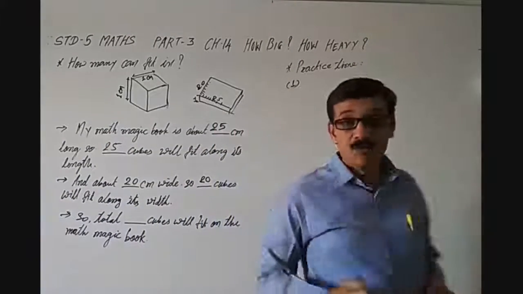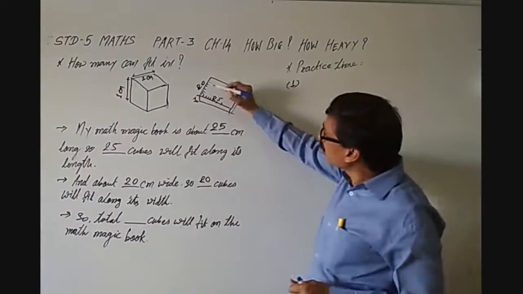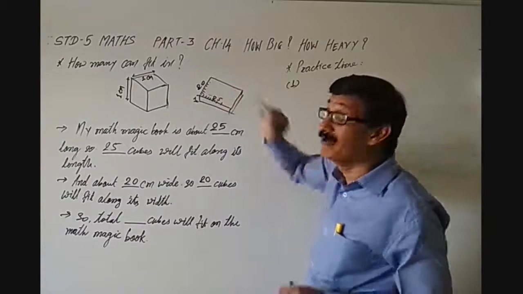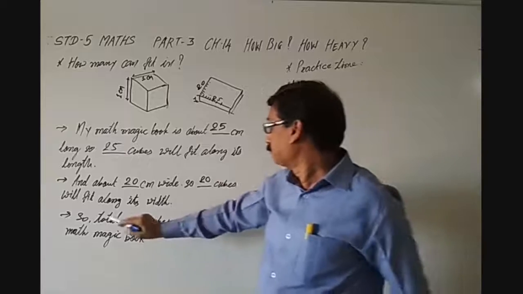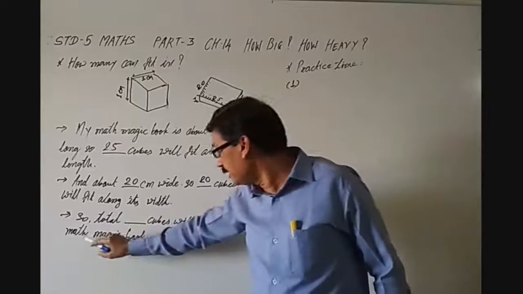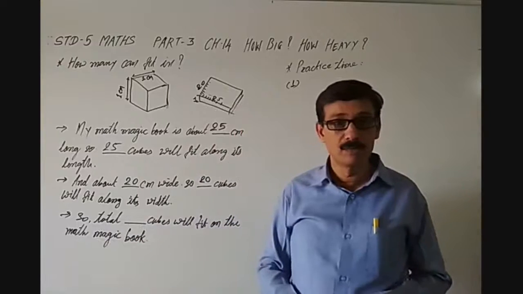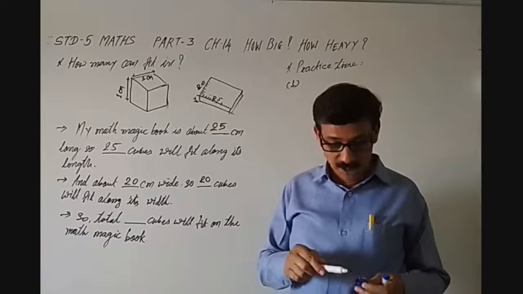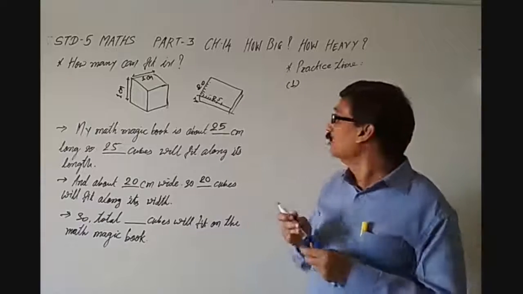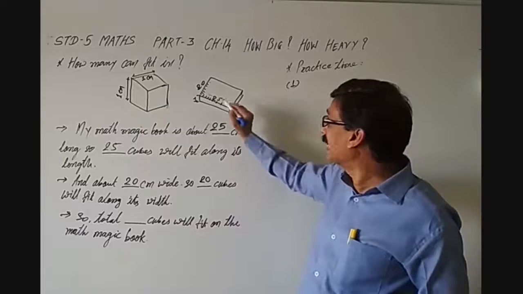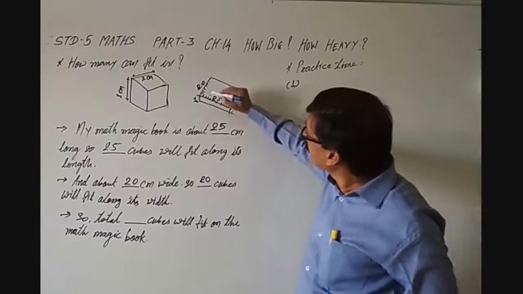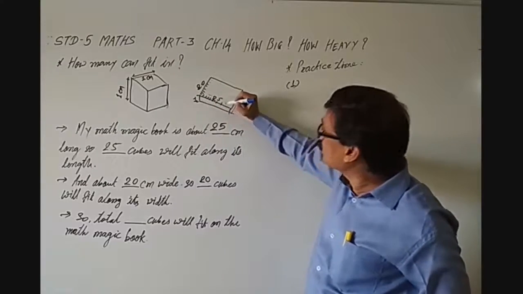Okay. Now how many total cubes can we arrange along its length and width? So total blank cubes will fit on the math magic book. See, this way it is 20, this way it is 25.